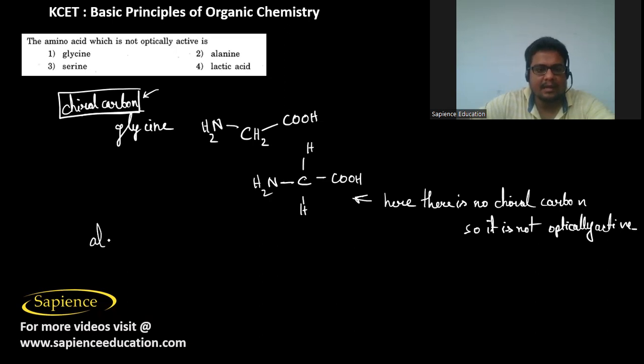Then alanine. Alanine structure is like this: CH, NH2, CH3, and COOH. So in this carbon, four different groups are attached.